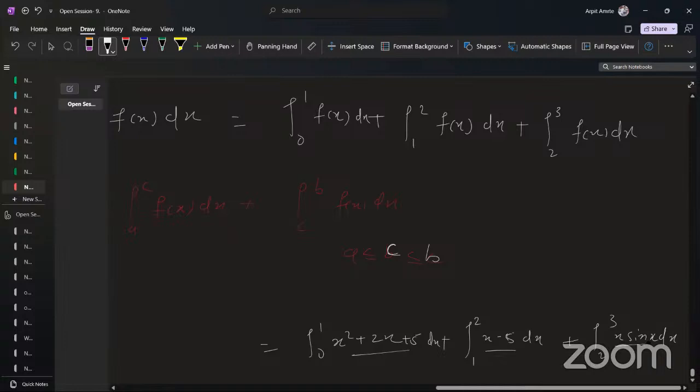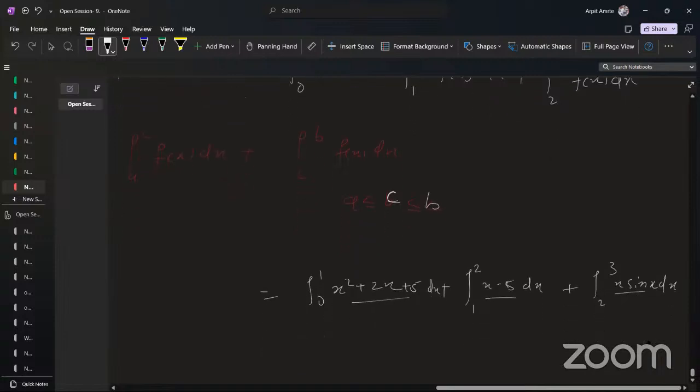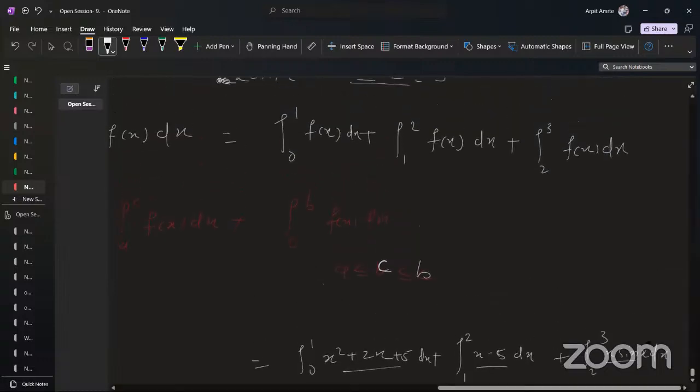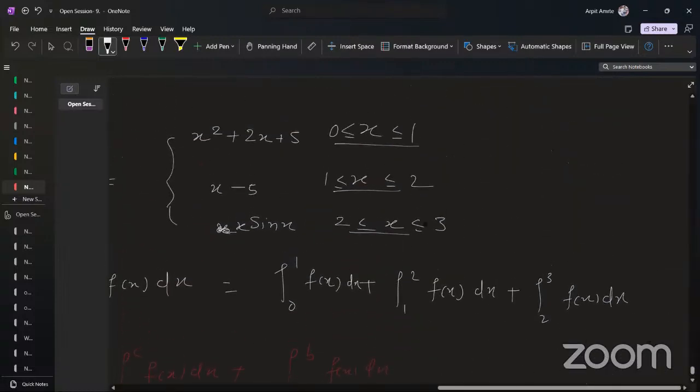Yes, sir. One question here. Is there anything to do with the continuity of the function here, as we are just using the split of the limits? Here you don't need to check continuity, whether this function is continuous at 1 or not, or at 2 or not. Why?